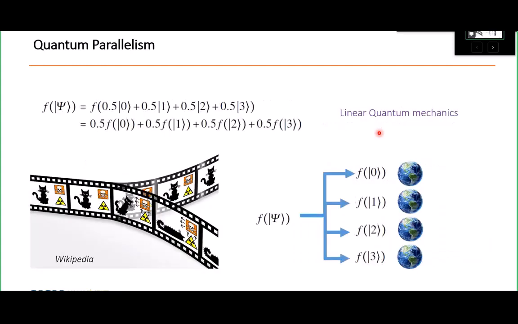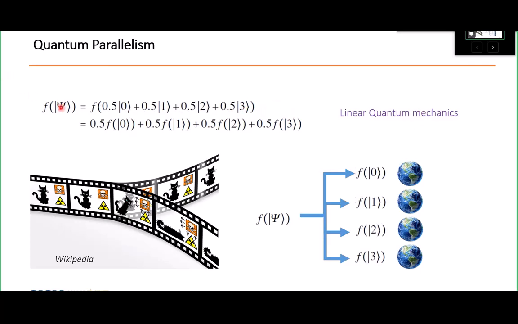But so what? One possibility is that you can have something called quantum parallelism. Now, imagine that this psi is a state of 2 qubits. It's going to be a linear superposition of 4 basis states. Now I just write it 0, 1, 2, 3, which in binary means 0 0, 0 1, 1 0, and 1 1. Now, quantum mechanics is linear.